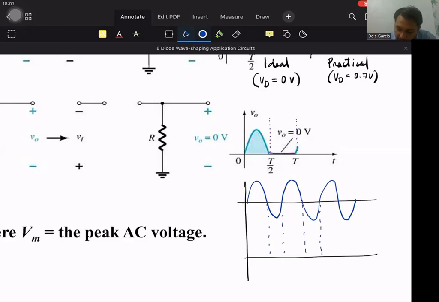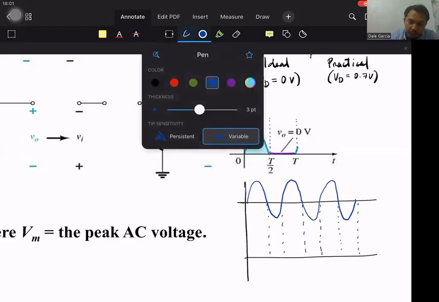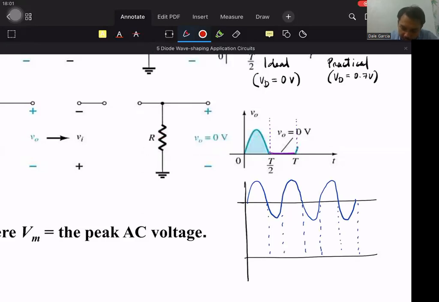In actual practice, this is measured with an equipment we call an oscilloscope. So the appearance of our signal would be like this. It is a half-wave rectifier because only one half of the input signal is passed through. Okay?